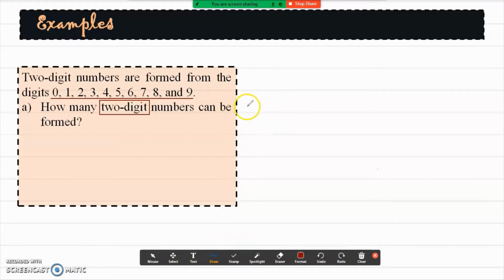For question A, I'll represent two-digit numbers using two circles, because we have two digits.